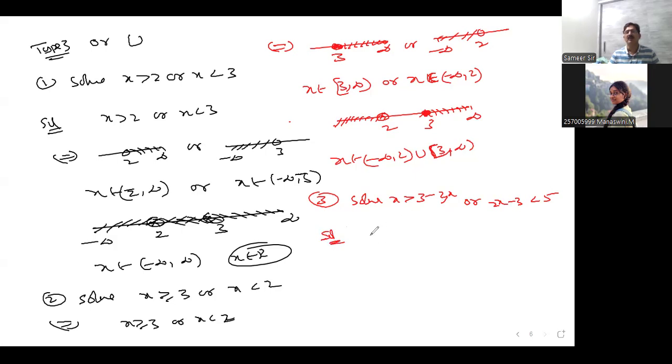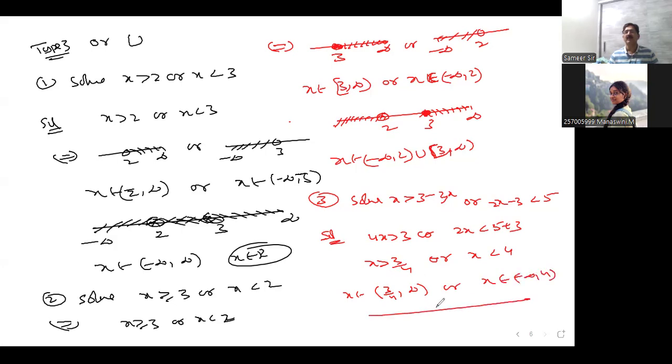You can do it like this now. 4x is greater than 3, or 2x is less than 5 plus 3. So x is greater than 3 by 4, or x is less than 4. How to write? 3 by 4 to infinity, or x is minus infinity to 4.